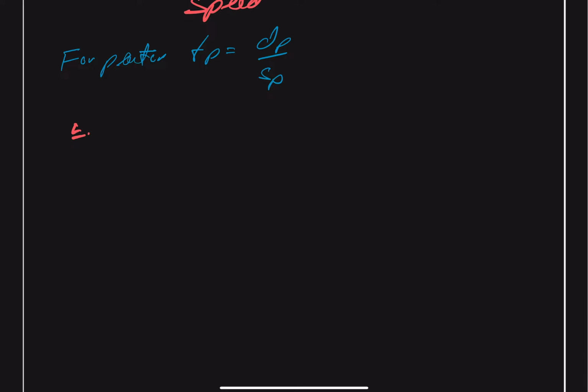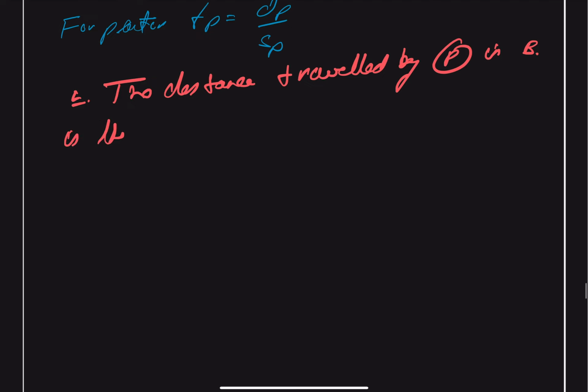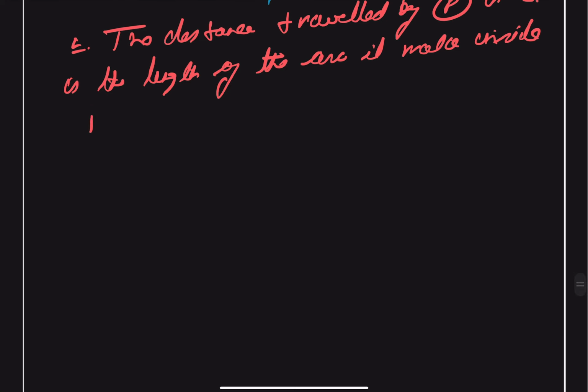So the distance traveled by the proton in the magnetic field is the length of the arc it makes inside the magnetic field.